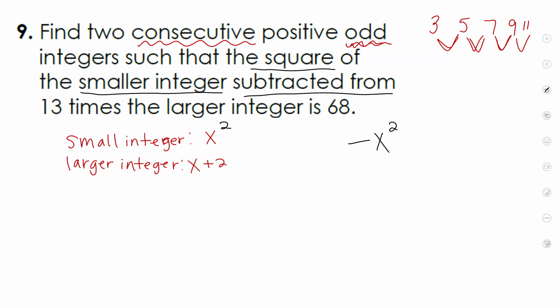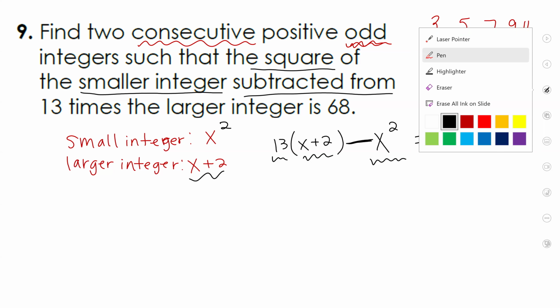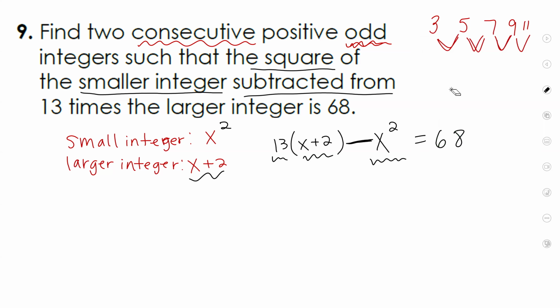Subtracted from 13 times, what's the larger number? x plus 2 is 68. And now we're just going to solve. So this is the square of the smaller number subtracted from 13 times the larger number. It says it in the problem.